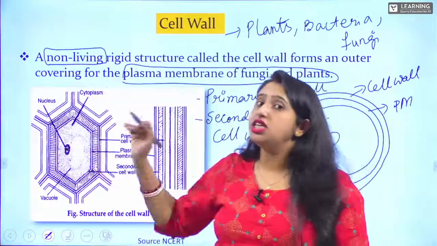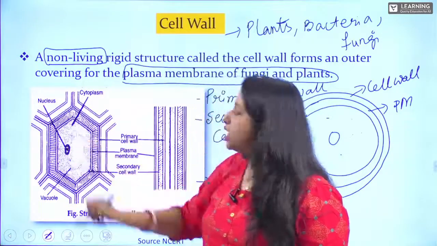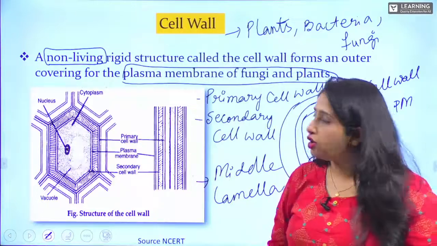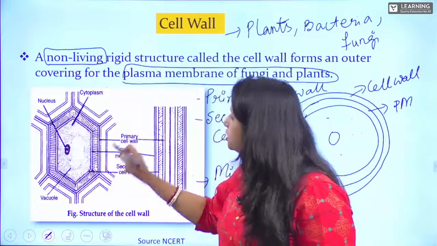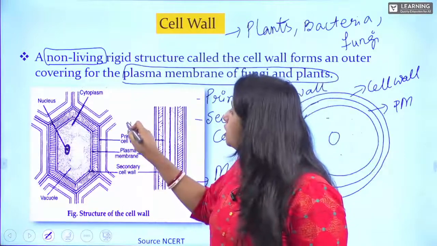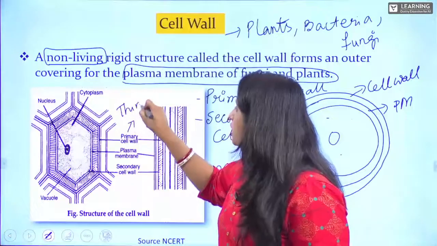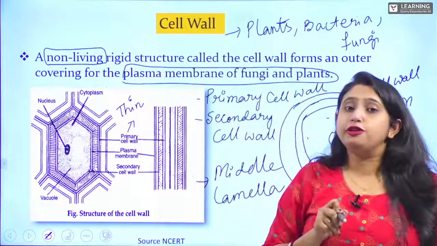As you can see in this structure, this portion is the cytoplasm. Inside the cytoplasm, all the cell organelles are lying. The first layer of the cell is the primary cell wall. This primary cell wall is very thin, and it is very flexible.